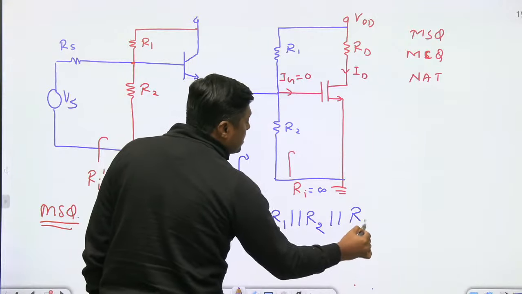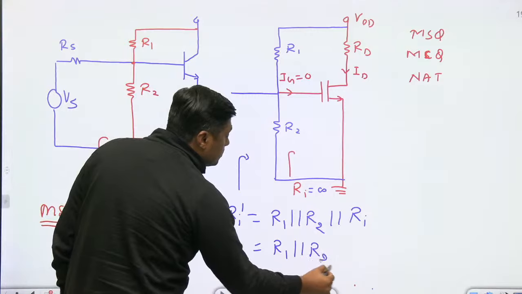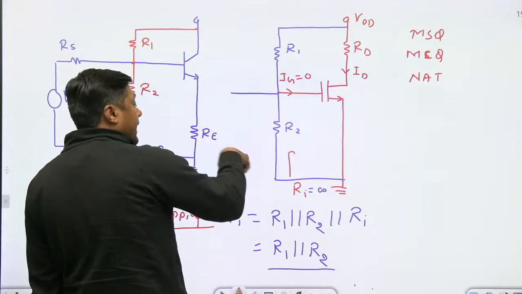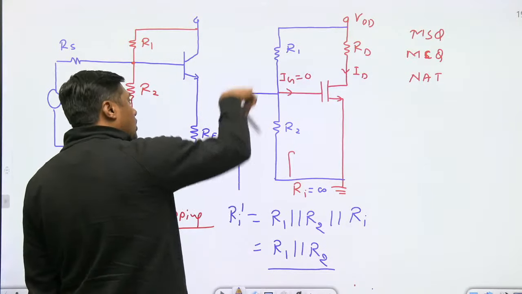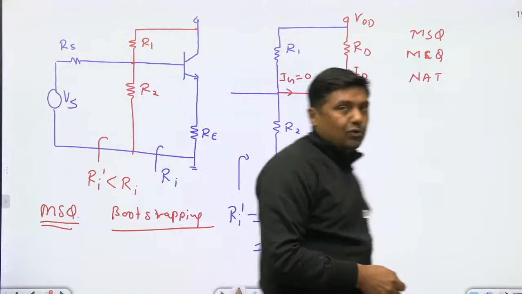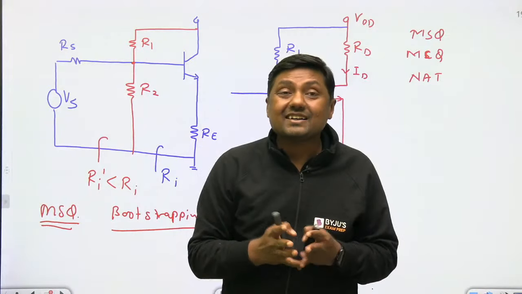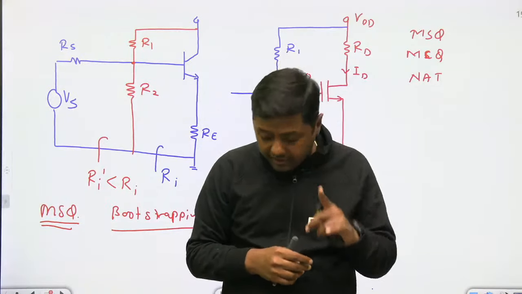Ri. That is infinite. And it will become R1 parallel with R2. That is the answer. At this point, if it is asked here, then always remember R1 parallel with R2 parallel with infinite. And now it will become a finite value. So what about the resistance? Decreases. Mohan, this is clear? Decreases.